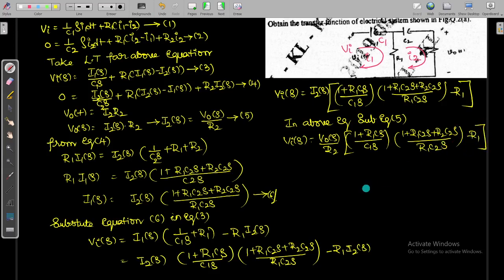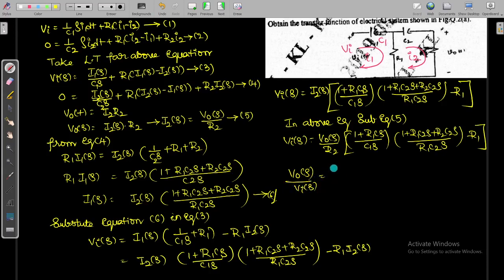So now you got this equation. What you have to do is once again get the ratio of V0 of s divided by Vi of s. I am writing the final equation.